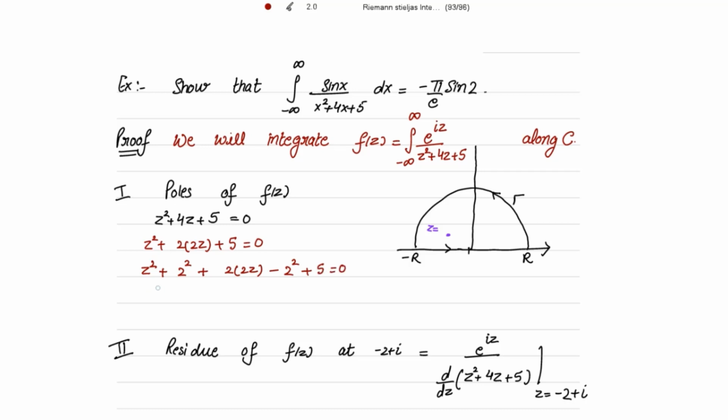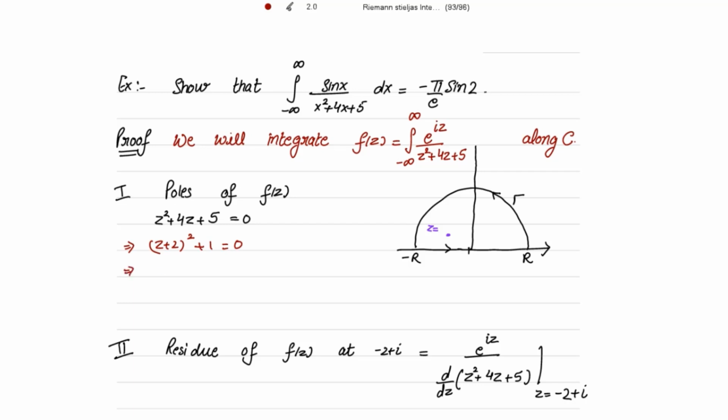So this is a squared plus b squared plus twice ab, which is nothing but z plus 2 whole squared, and this is negative 4 plus 5, which will be plus 1. So this is how we can make a complete square. This implies z plus 2 whole squared plus 1 is equal to 0.